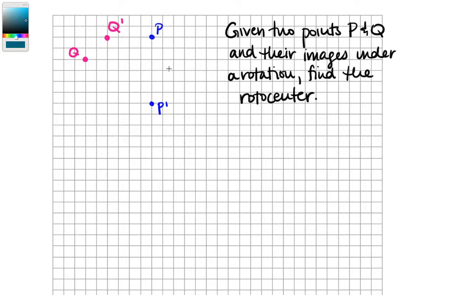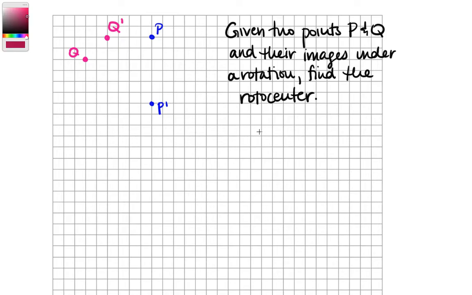This time, we don't have information about the rotation. We don't know the rotocenter or how far they were rotated, but we do know that Q started here and under the rotation ended up here. P started here and under the rotation ended up here. Okay, so what we want to do is find the rotocenter.